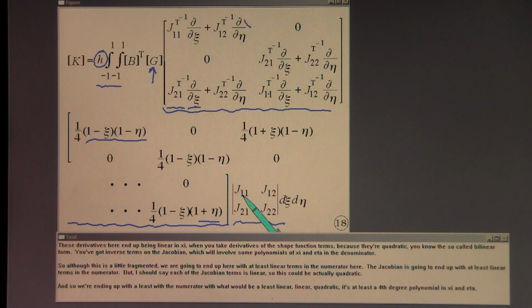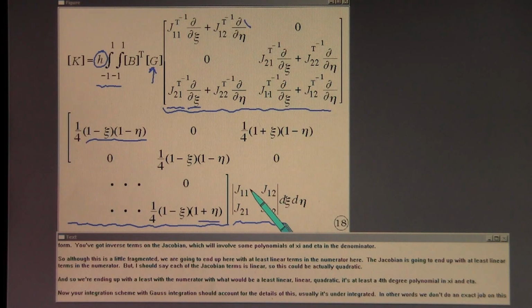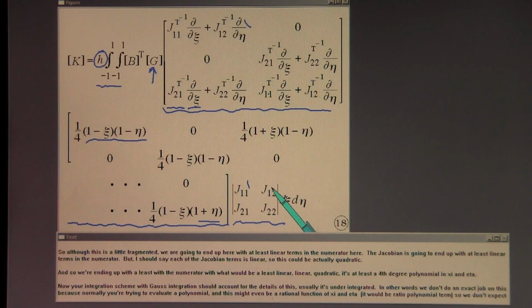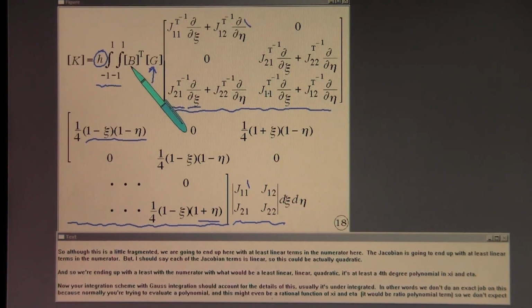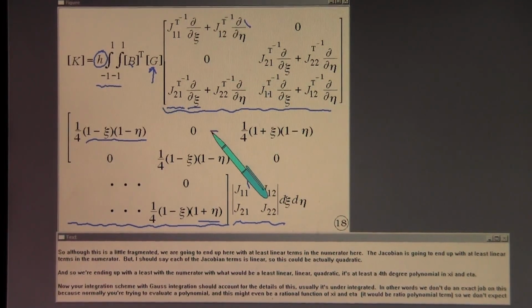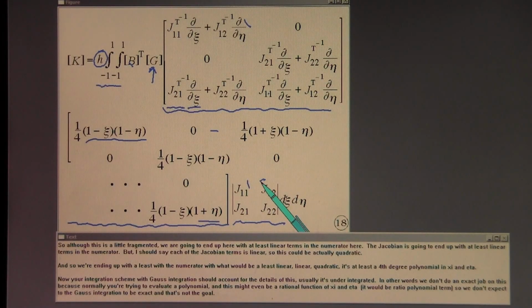The Jacobian is going to end up with at least linear terms in the numerator, but I should say each of the Jacobian terms is linear, so this could be actually quadratic. And so we're ending up, at least in the numerator, with what would be at least linear, quadratic. It's at least a fourth degree polynomial in Xi and eta.